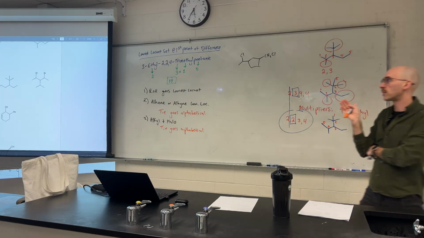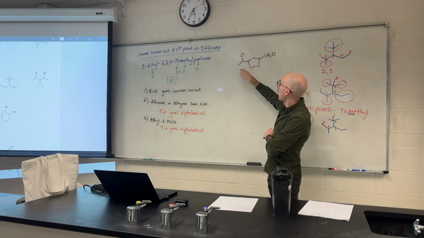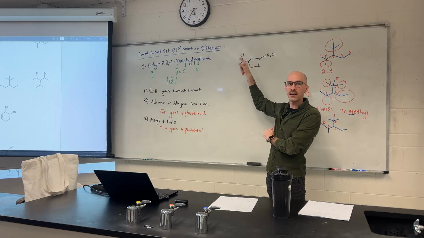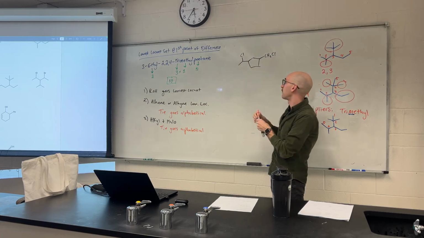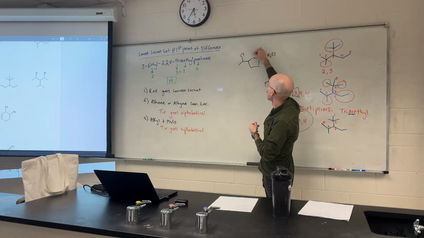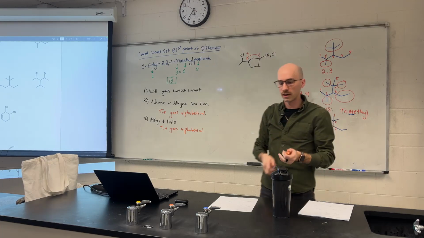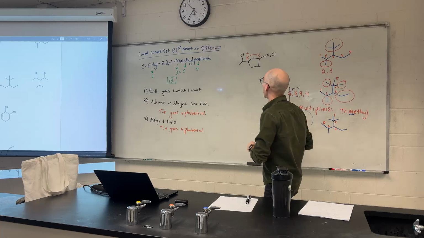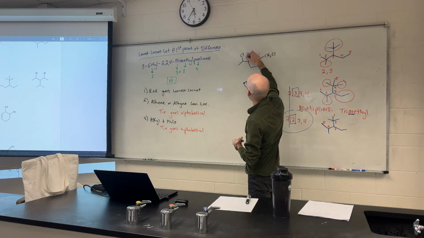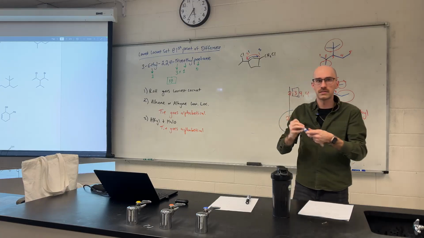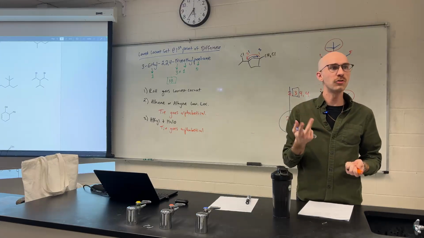Chains, I have to go linear. Rings, I can start anywhere. So I'm going to number this so that I get a locant set of 1, 3. I'm either going to number from the right to the left, counterclockwise, or I'll number from the left to the right, clockwise.